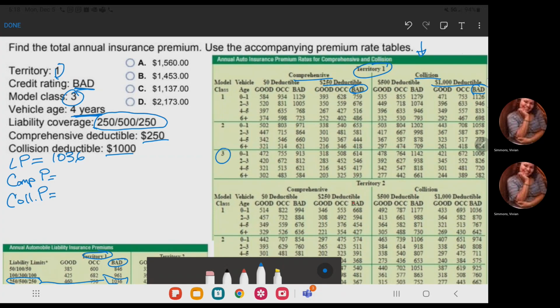Model class 3, 4 to 5, so I'm over here. So I move where the bad credit is, 417 for comprehensive. And then I move over, 720 for collision. Add them up. And I end up with $2,173.